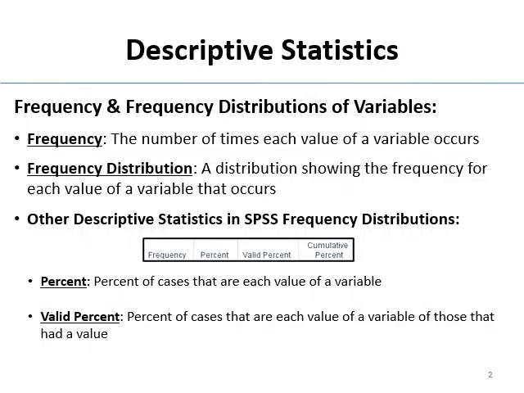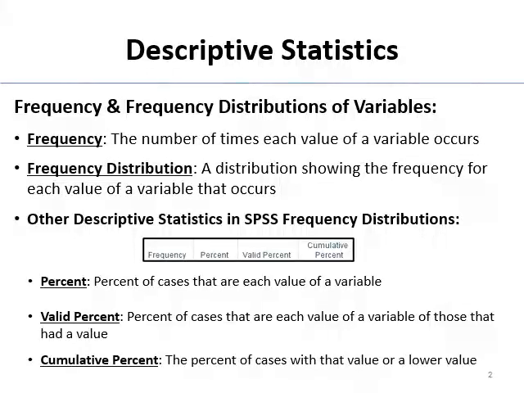So it excludes folks who didn't respond or gave a missing response, so something that didn't work or you couldn't categorize. So the valid percent is the percent of those who gave a valid response, whereas the percent is the percent of all responses, period, whether they were valid or not.